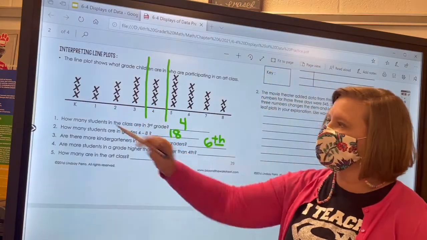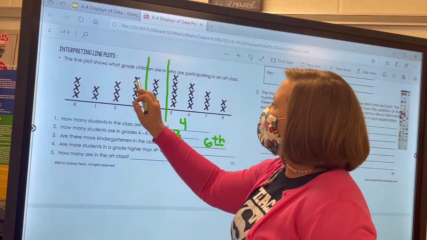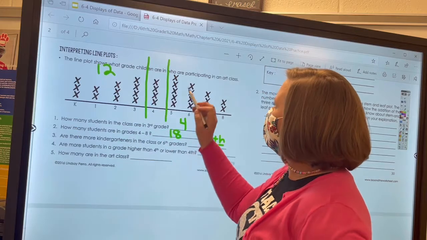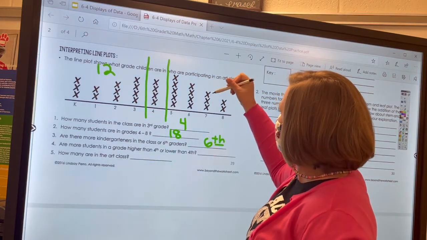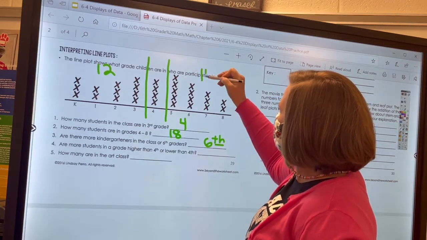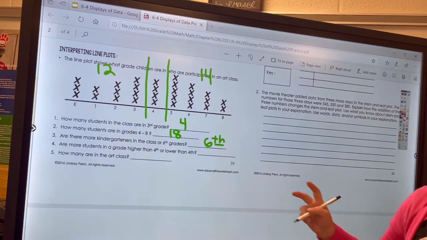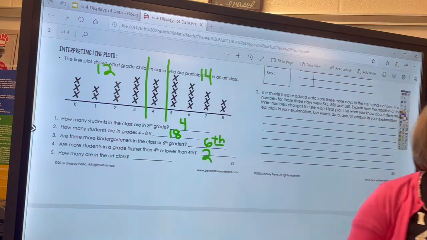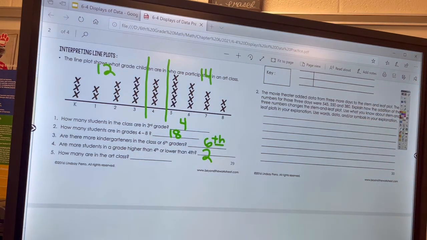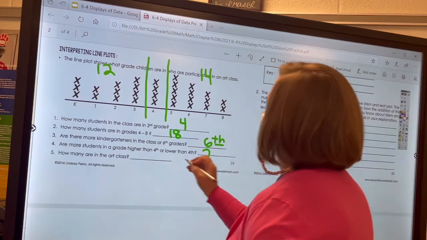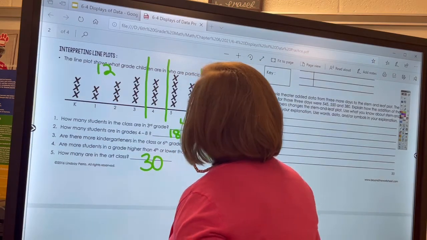So how many are lower than 4th? That's 12. How many are higher? 5, 9, 12, 14. So how many more students are higher? 2. How many students are in art class altogether? 30. Yep.